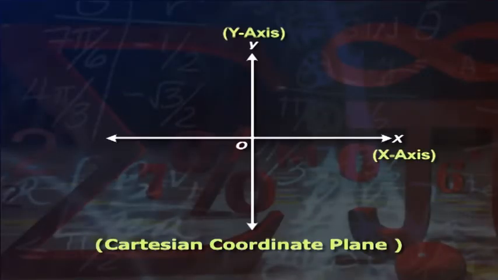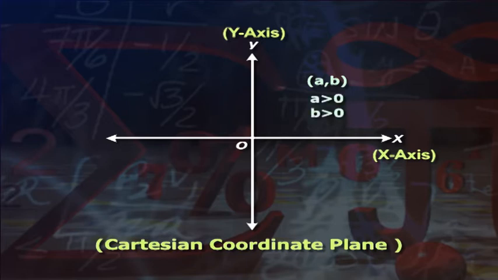The Cartesian coordinate plane is divided into four quadrants. The first quadrant consists of ordered pairs (a, b), where both the coordinates a and b are positive. The second quadrant consists of ordered pairs (a, b), where the first coordinate a is negative and the second coordinate b is positive.